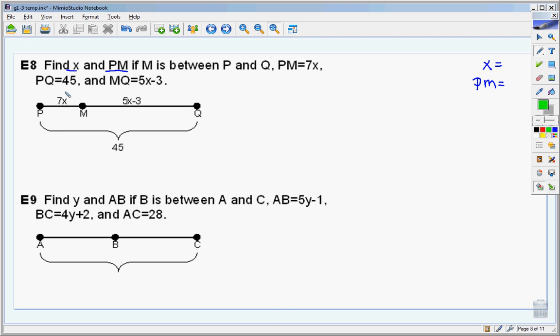It says if I take part of a segment, in other words, the distance from P to M, 7x, I add another part of the segment, the distance from M to Q, 5x minus 3, it should be equal to the whole segment, which they told me was 45.